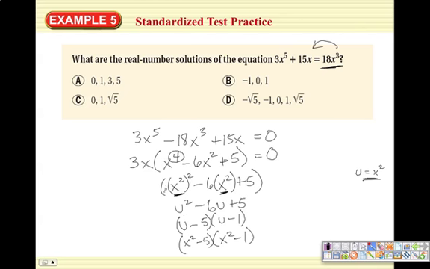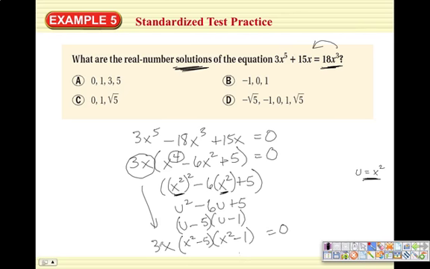Now we're missing something, right? We're missing the GCF up here, so don't ever forget that one. We got 3x times this times this, still equals 0. Now you could factor this one more time, but in this case you really don't have to, because it doesn't ask for factoring. It just says what are the solutions. Now you remember the zero product property.